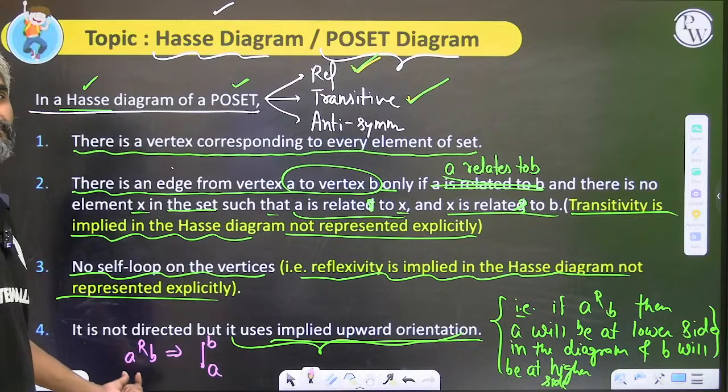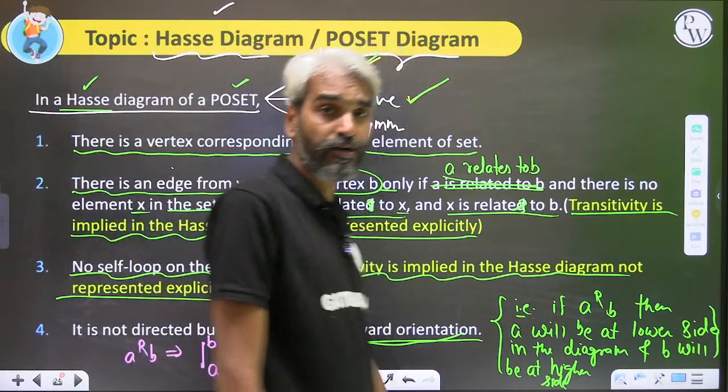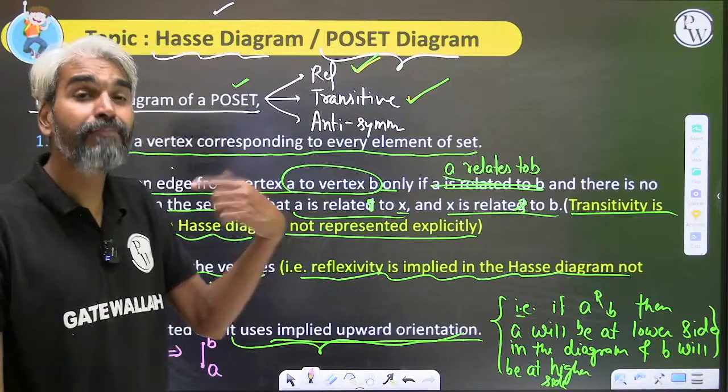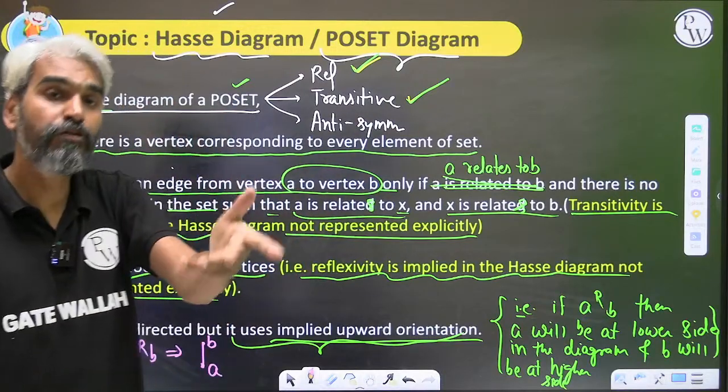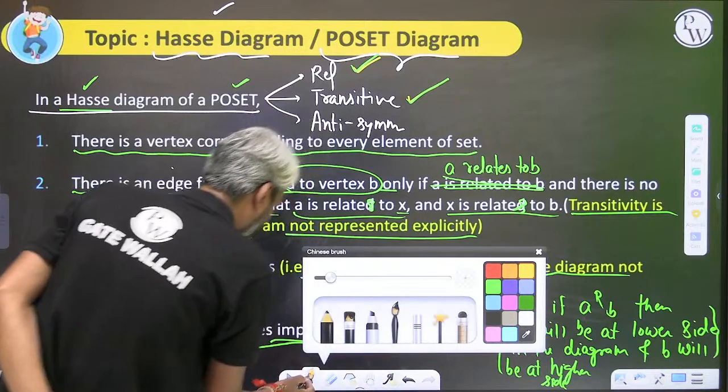Sir, what if A and B are not related? If two elements are not related, then they may be at the same level. They need not be, but they may be.